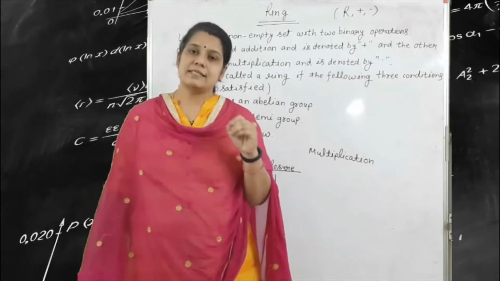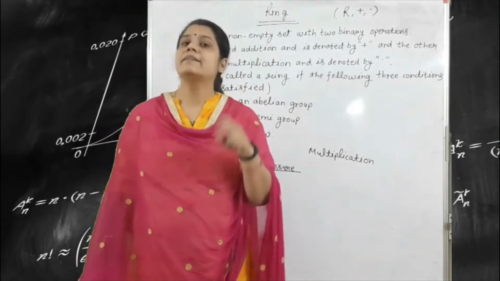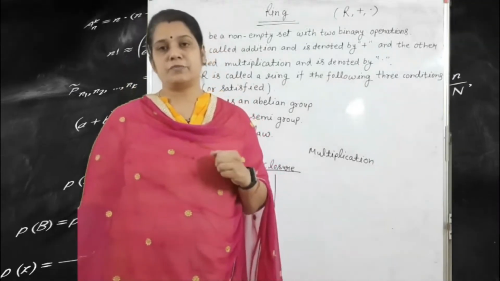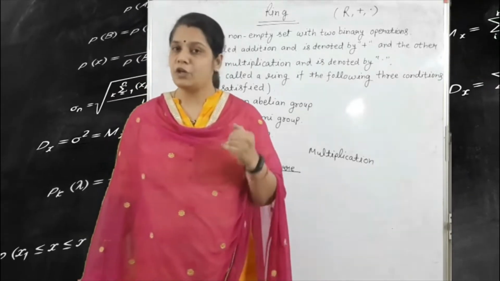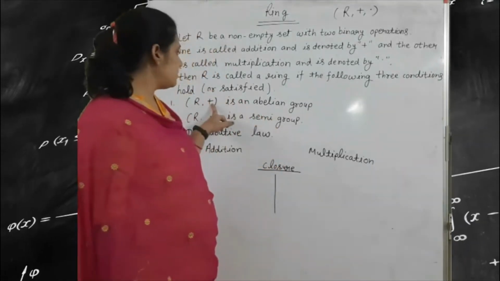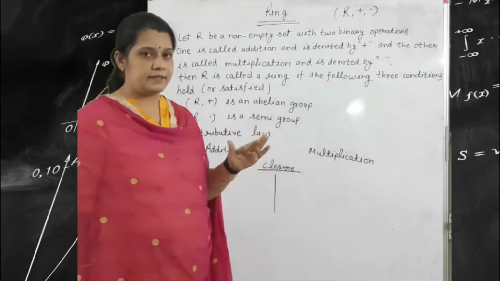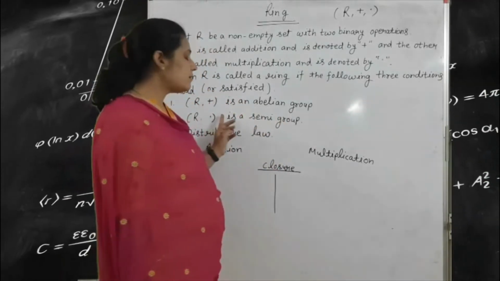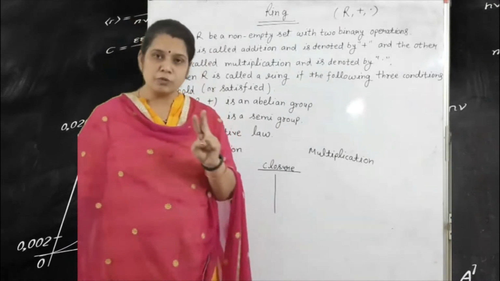If a set with any operator satisfies these two properties, closure and associativity, then we can say this is a semigroup. So R plus with respect to addition is an abelian group, that means we find the five properties, and R dot is a semigroup, that means we find the two properties.